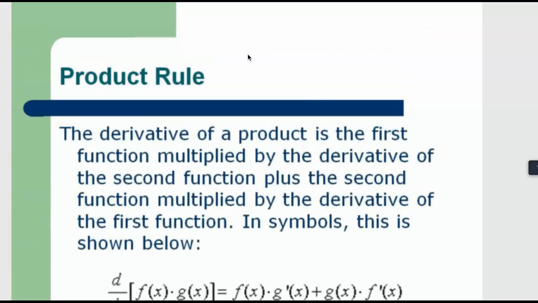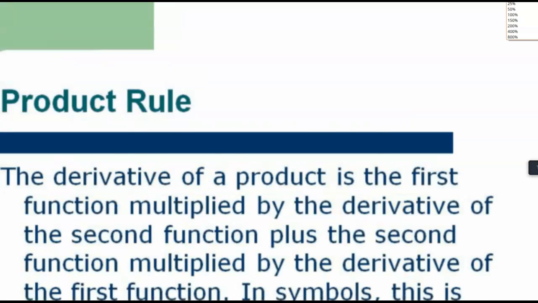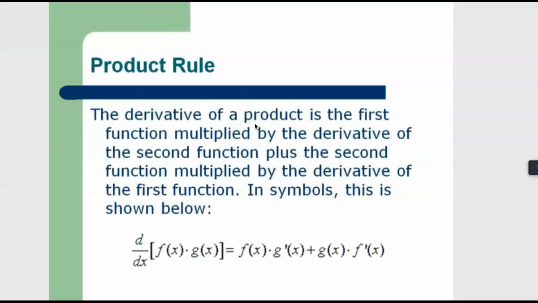That leads us to the product rule. The product rule says the derivative of a product is the first function multiplied by the derivative of the second, plus the second times the derivative of the first.